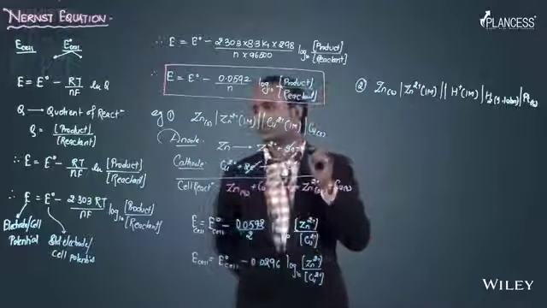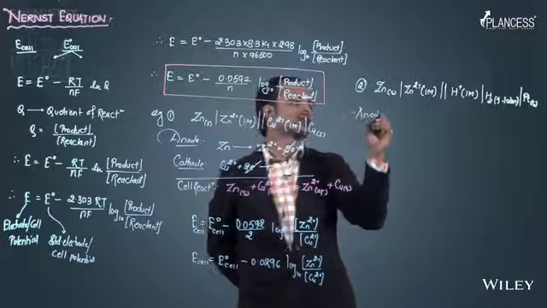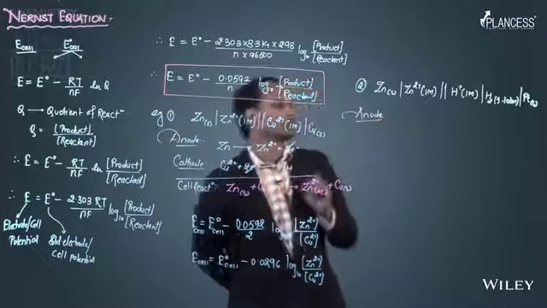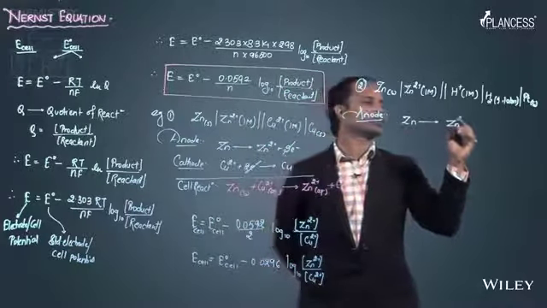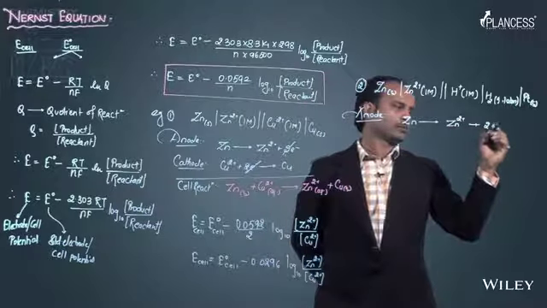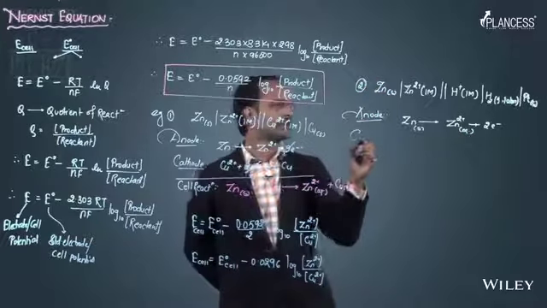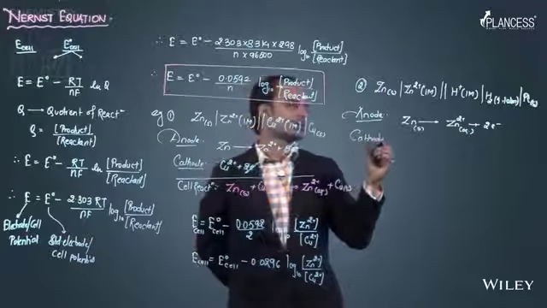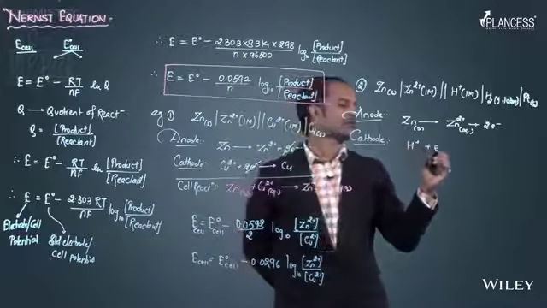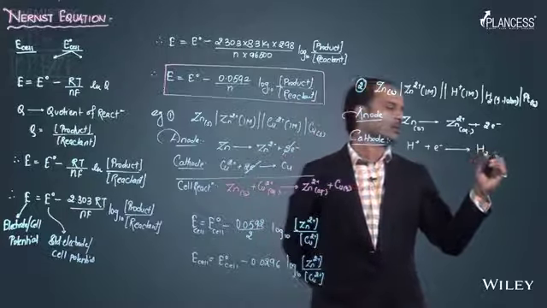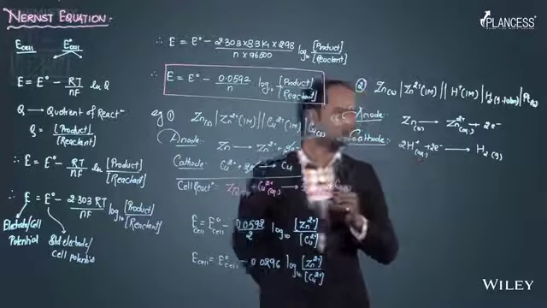Again, for writing this Nernst equation, first I require the whole cell reaction. The reaction taking place on the anode is zinc oxidation, that is, zinc gives zinc 2 plus and 2 electrons. Then the reaction taking place on the cathode: here H plus ion will gain electrons and give hydrogen gas. Since it's H2, it is 2H plus plus 2 electrons, in aqueous state.